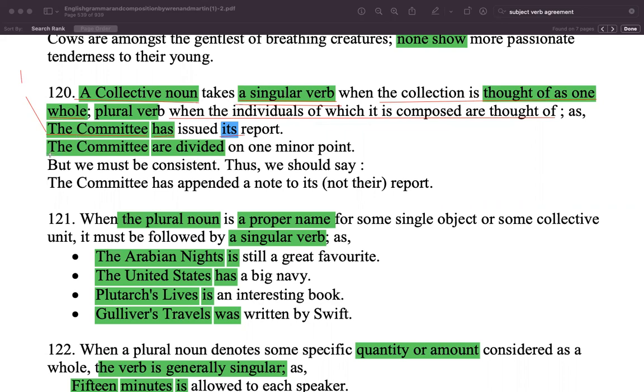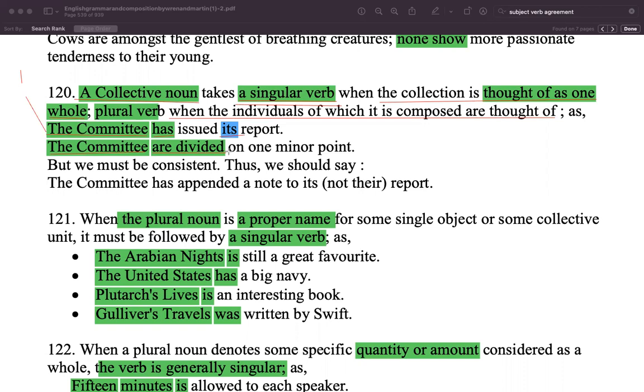But if I go for the second, the committee, a collective noun, singular, but why "are divided"? Because it presents the idea of the individuals present in that committee.